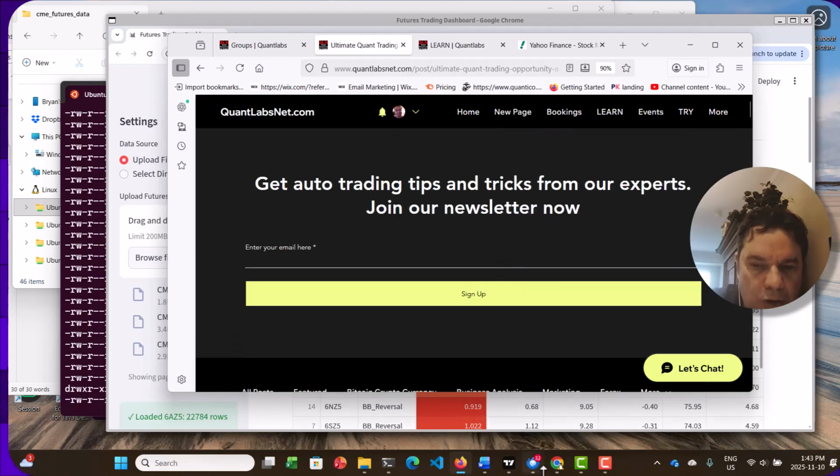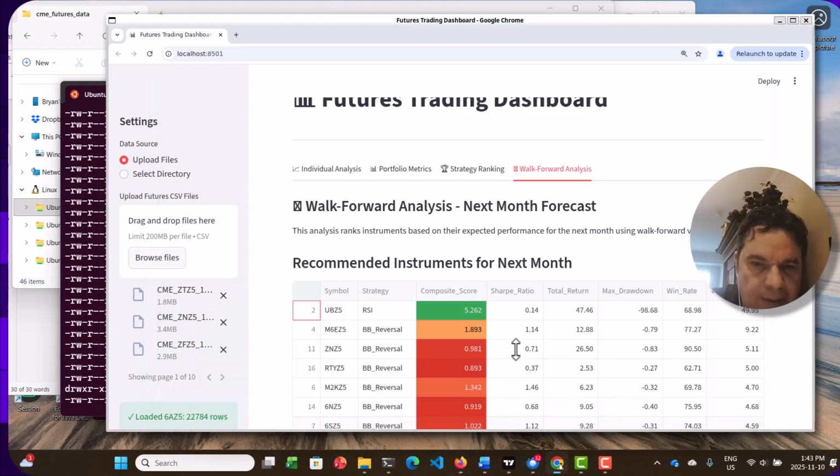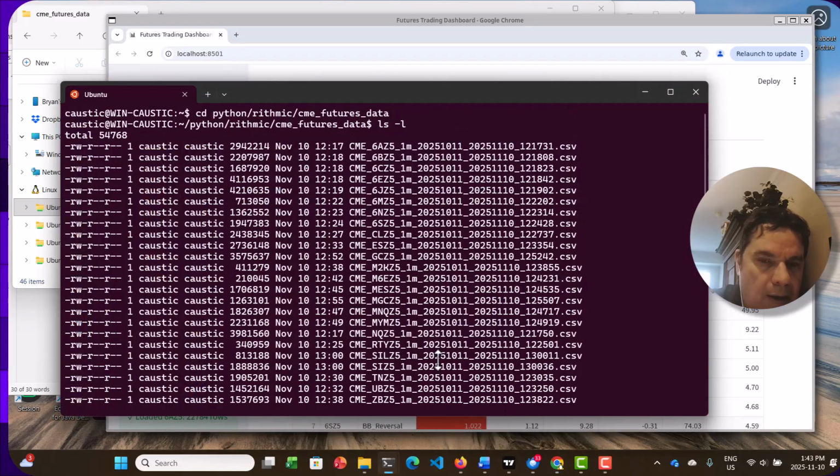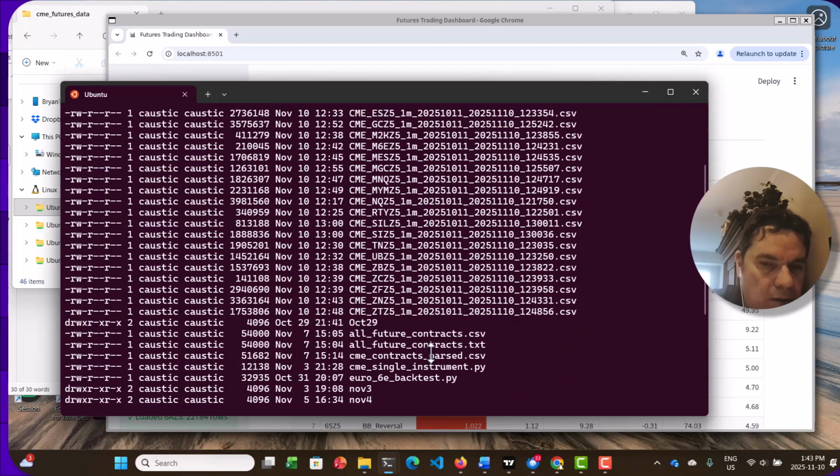Now, I will provide the source code for this. Again, that will be part of my Quant Elite. I'll also put in the downloader with this as well. This is getting pretty good, I think as good as it's going to get with the data from Rithmic on the futures, and that's what generates this.